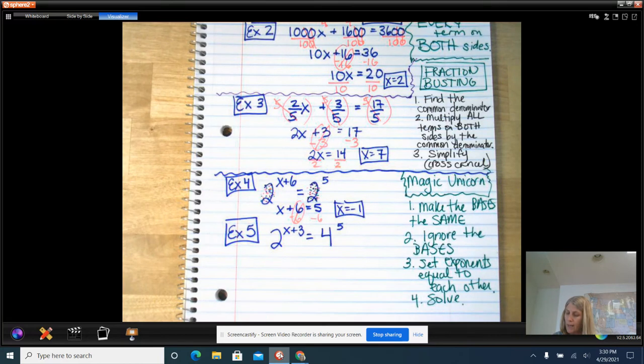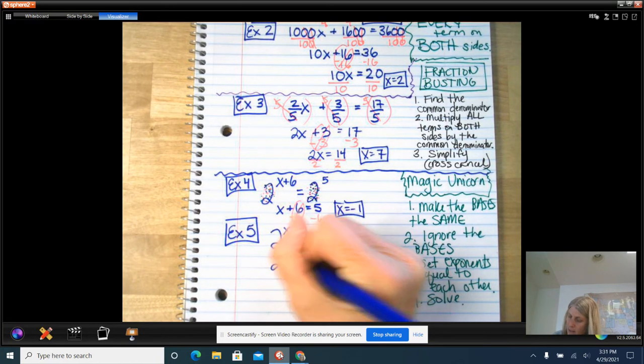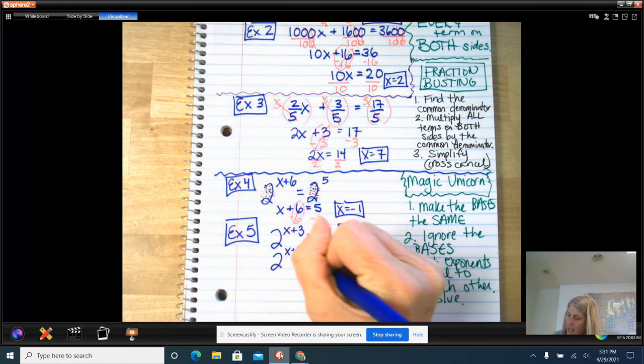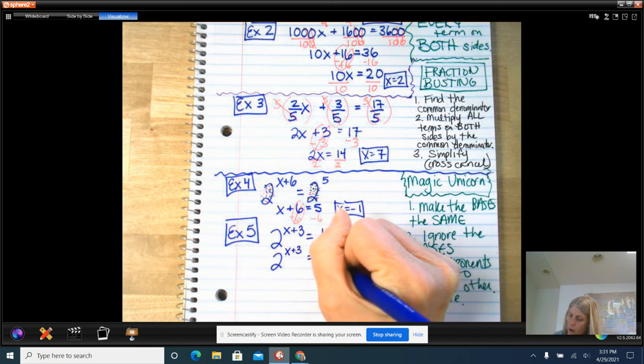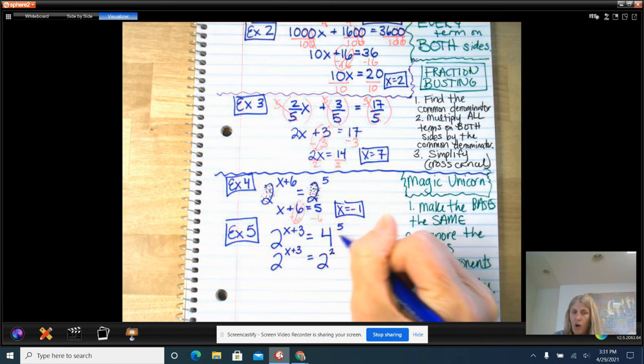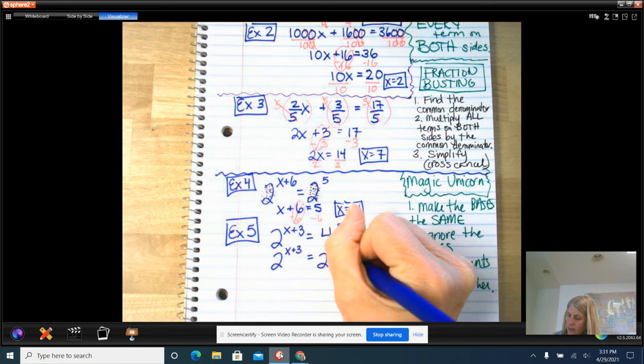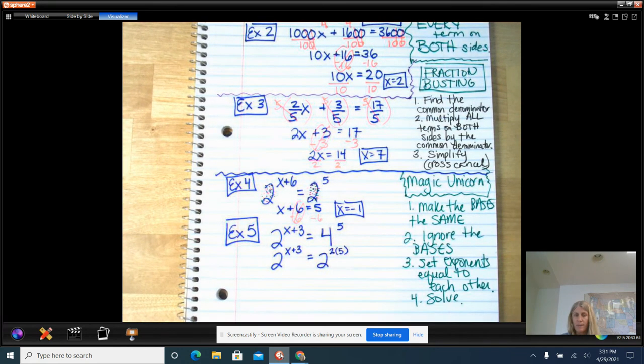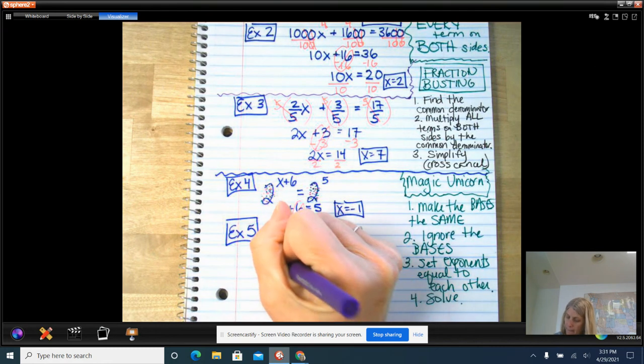So we're going to rewrite it. Here we have our 2 to the x plus 3. And we're going to write our 4 as 2 squared. And then whatever is already there, we're going to put next to it in a set of parentheses. So we've turned our 4 to the 5th power into 2 to the 2 times 5 power. Now, those are the same.